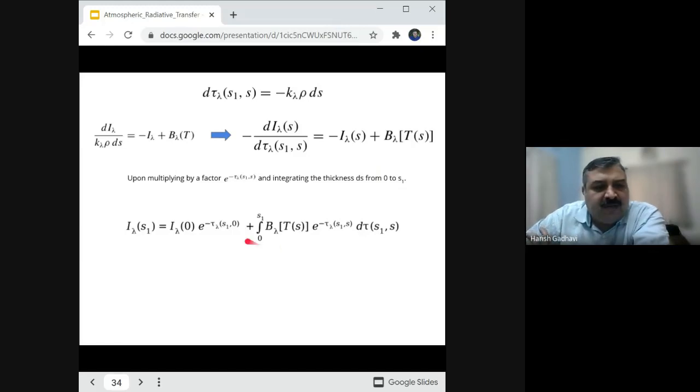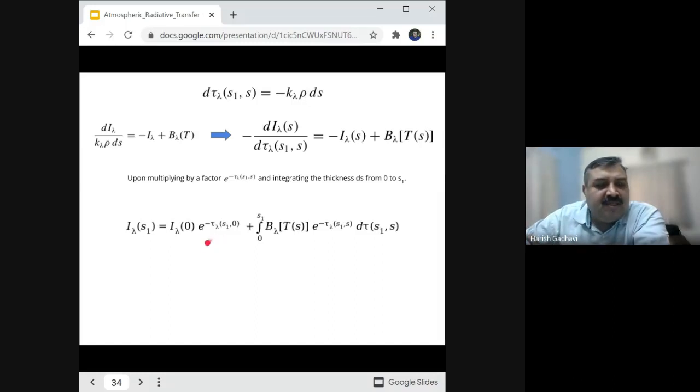At the top of the atmosphere you will not have beta, because above the atmosphere there is no atmosphere, and if there is no atmosphere there is no question of temperature, so beta is zero, and the radiation is propagating downward.